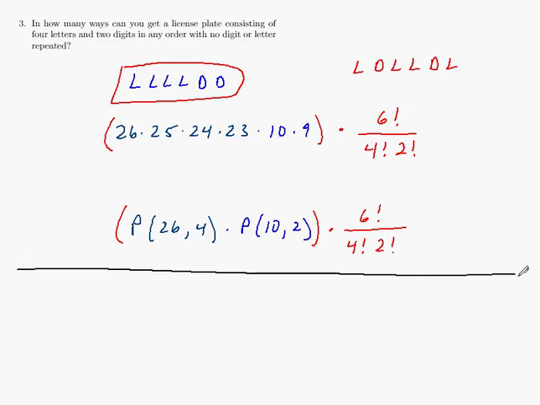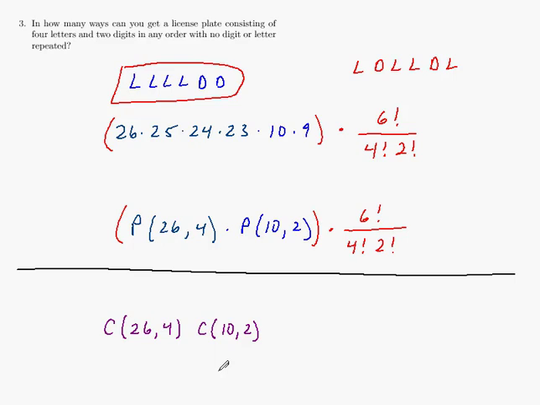Now there's an alternate way of solving this problem, if we sort of reverse how we approach it. I could come in and say combination 26 choose 4 and the combination 10 choose 2.